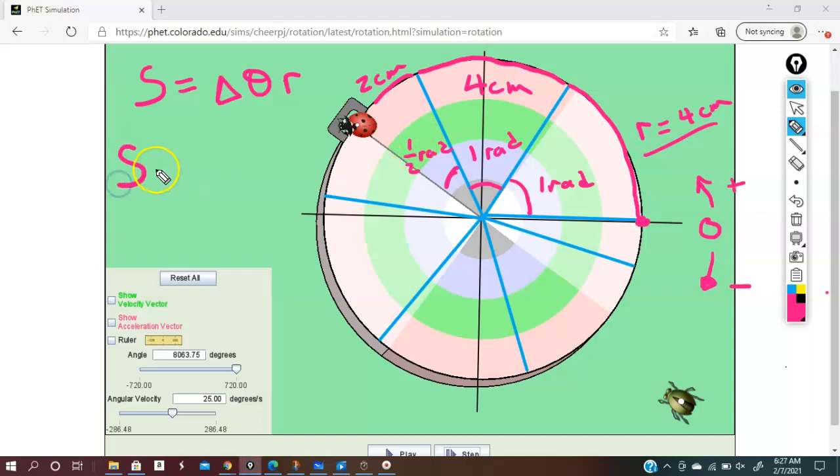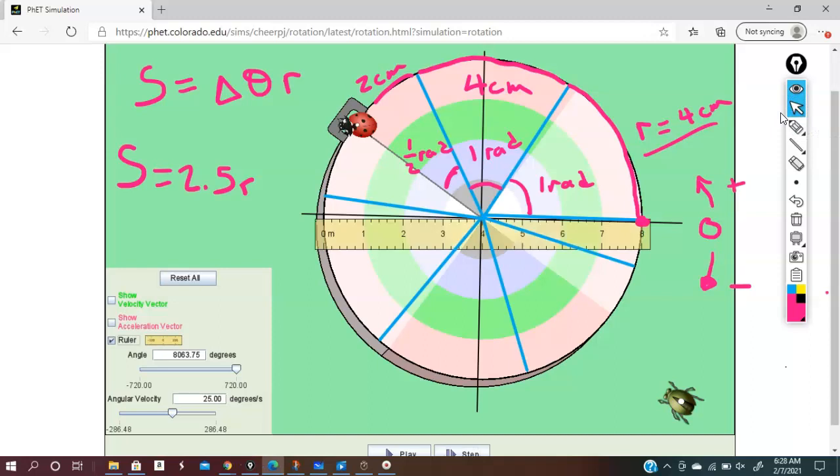Often it's not going to be that easy to just know exactly, or maybe the radius is some weird fraction that makes it hard to do the math in your head. We just take our angular displacement, which was 2.5 radians. We multiply it by the radius. In this case, the radius is 4 centimeters. I can show you that with this ruler.